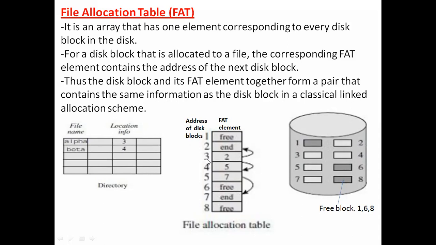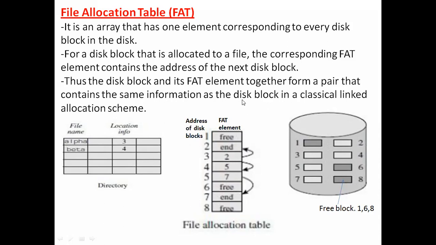In block address 3, we have the file element 2, indicating the address of the next block, and block 2 is pointing to the end, which means that is the end of the file.